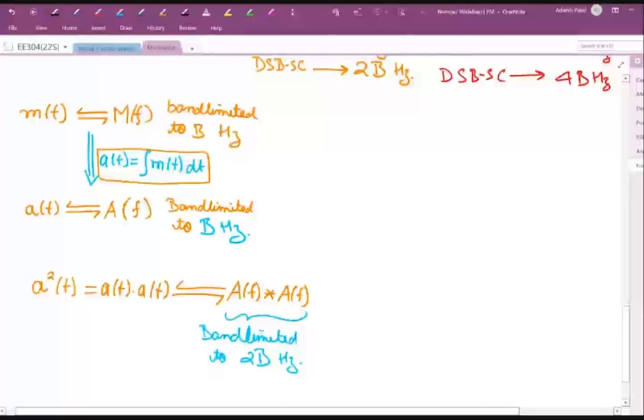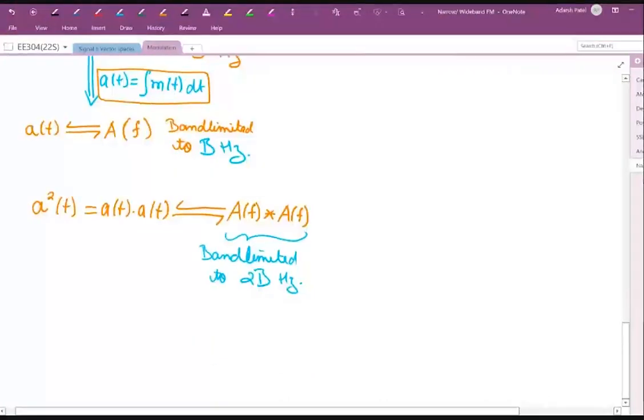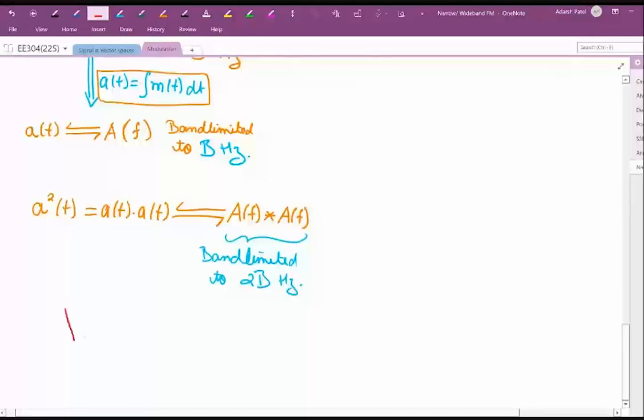Will that be band limited? Sir, it's increasing in the power of 2. Yes, so it is increasing in the power of 2. So this is surely not band limited. So theoretically, what is the overall bandwidth of the FM signal? Infinite. Yes.